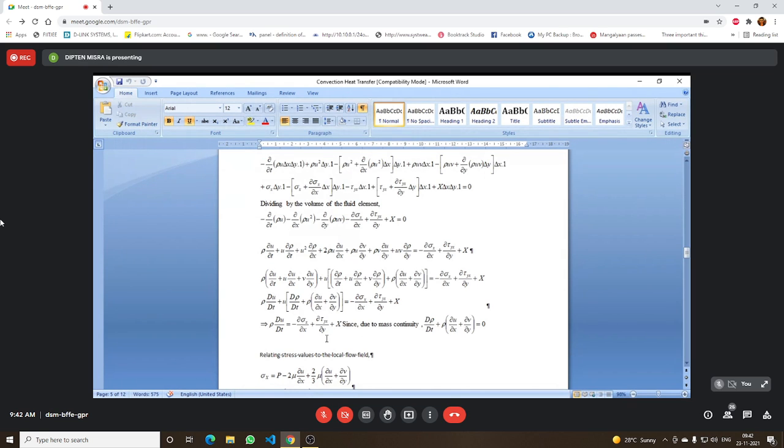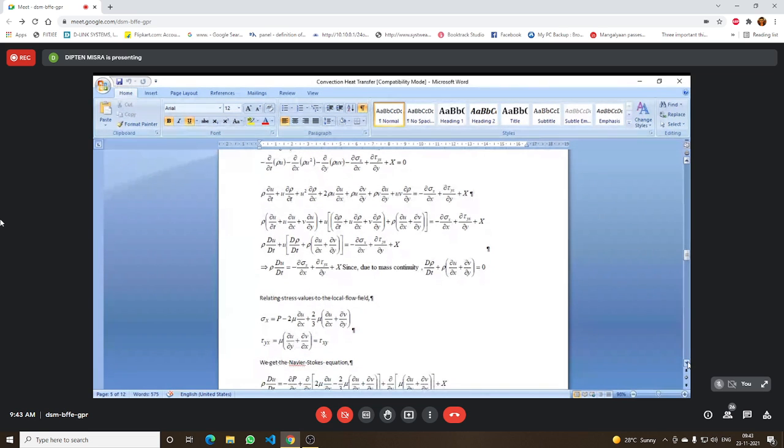Now what we will do is that we will try to relate these stresses acting on the body. The general stress field is connected to the velocity field through this equation: the normal stress will be equal to the pressure acting on the body minus 2 mu del u del x plus 2/3 mu into del u del x plus del v del y.